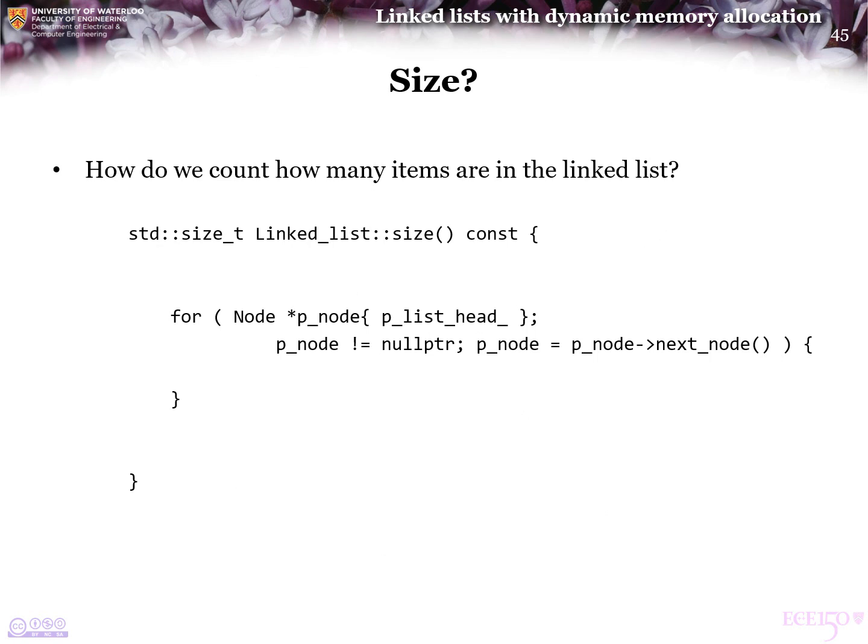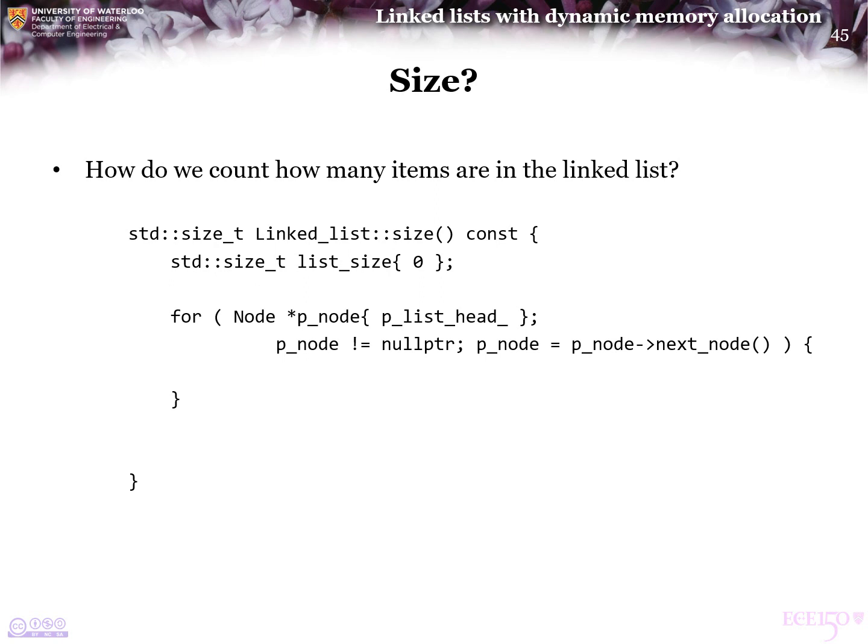So for example, how do we count how many items are in a linked list? This will require us to walk through the entire linked list. So here's our for loop, and we are counting. So obviously we need some local variable that is going to record the size. So here we have a local variable list size, which is initialized to 0. Now, every time we execute the body of the loop, that means that pNode is not equal to null pointer.